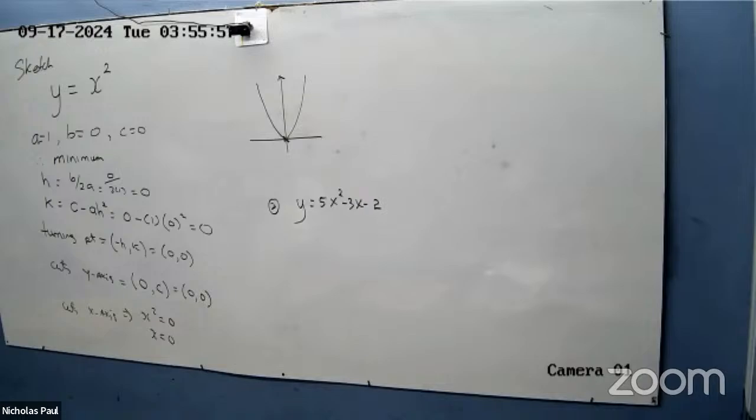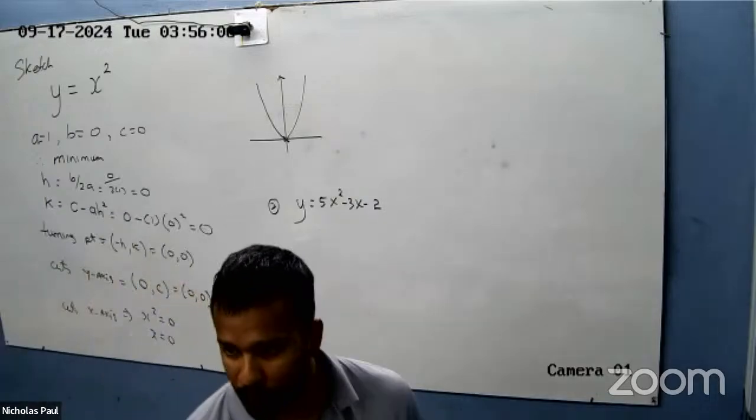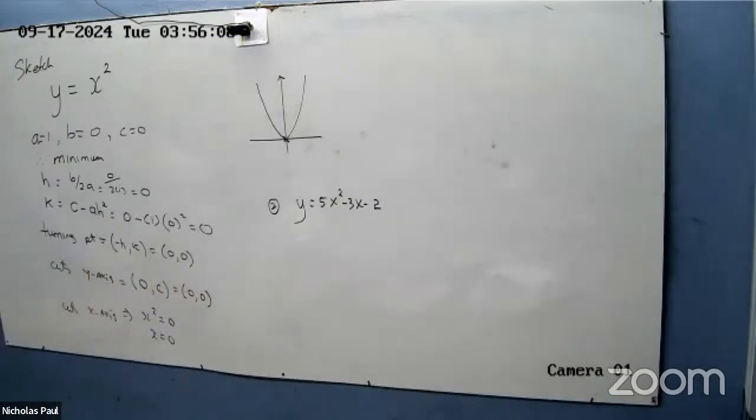Now, y equals 5x squared minus 3x minus 2. Follow all the steps here, right?